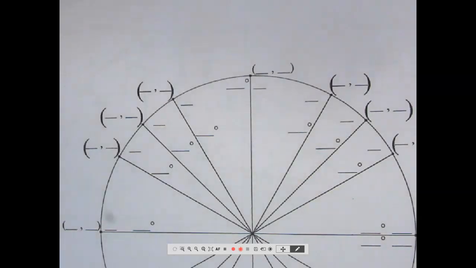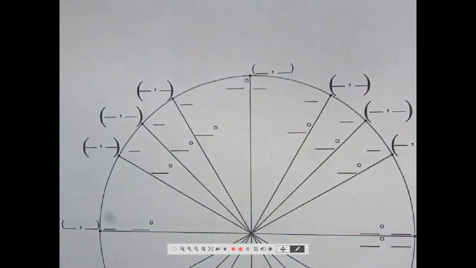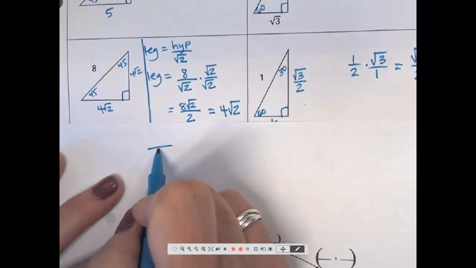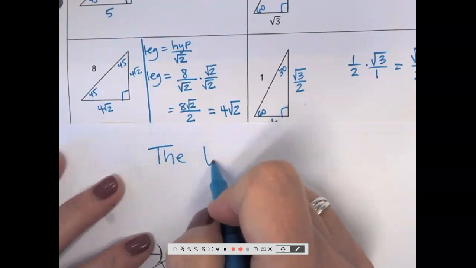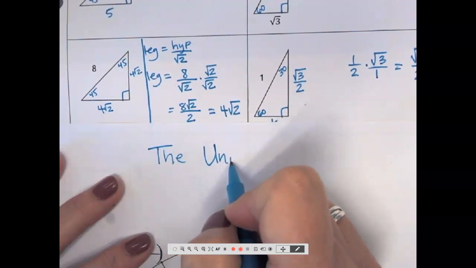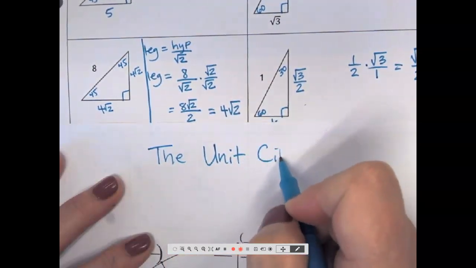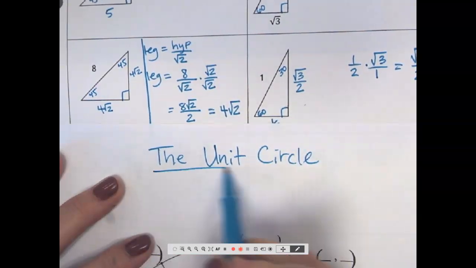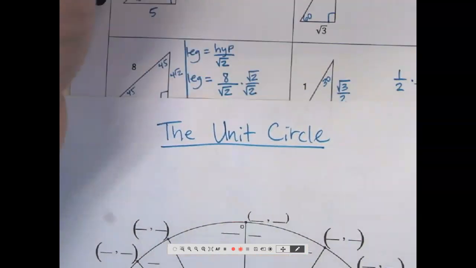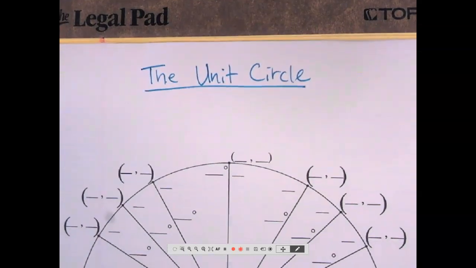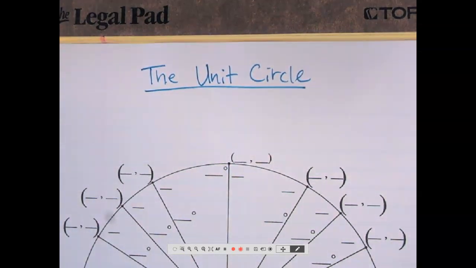And we are going to write across the top of it, however plain or cute you want, the unit circle. And it's not very cute. Yours probably will be cuter than mine.